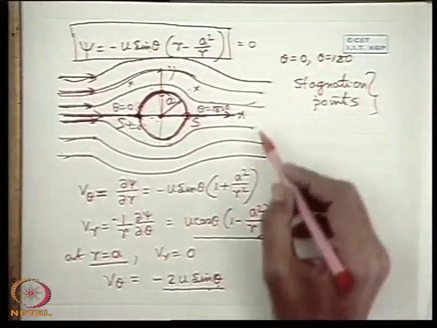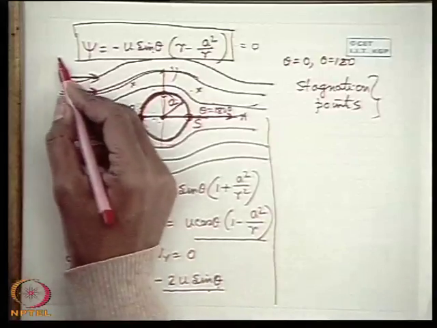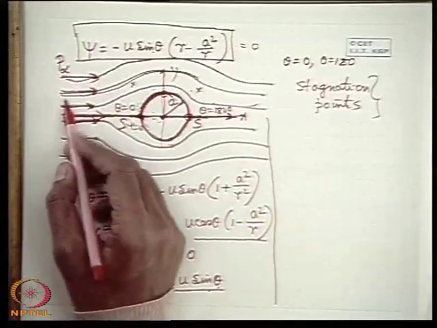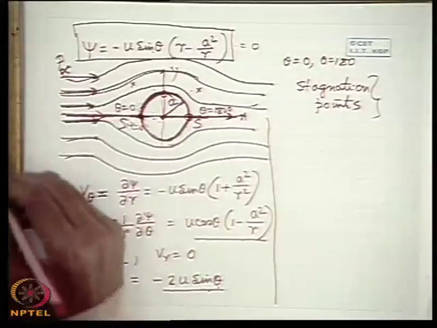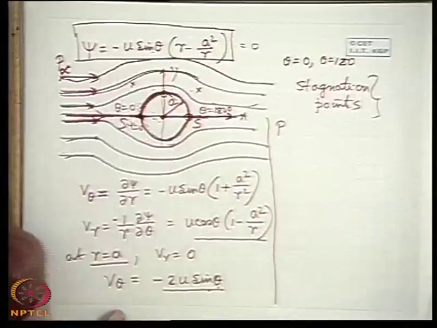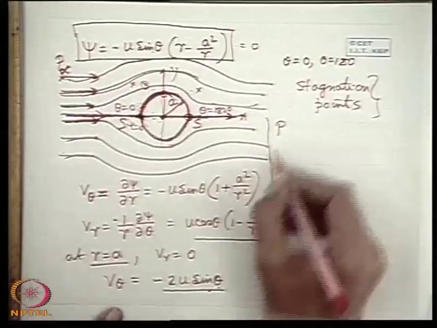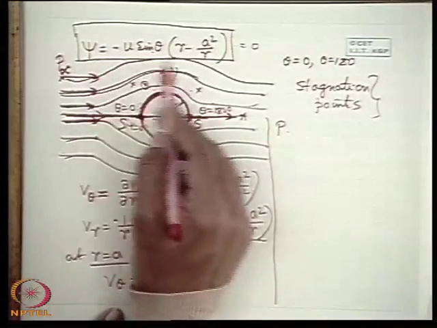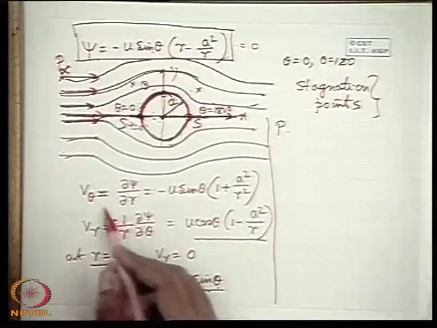Now if we look at the pressure field, what happens? If we describe the pressure at the far upstream or far downstream as the undisturbed pressure, known as the free stream pressure P infinity, then we can write Bernoulli's equation between a point in the far stream and any point near the cylinder where the flow field is developed due to this cylinder, according to the stream functions or the velocity expressions.